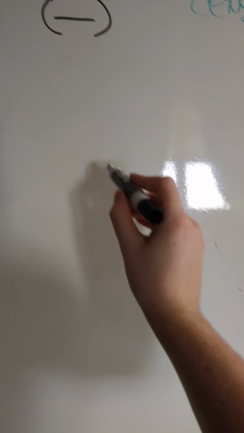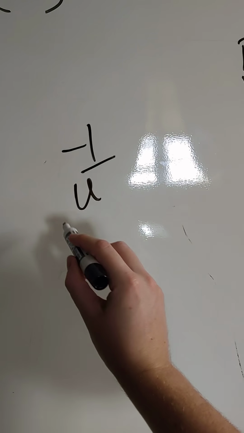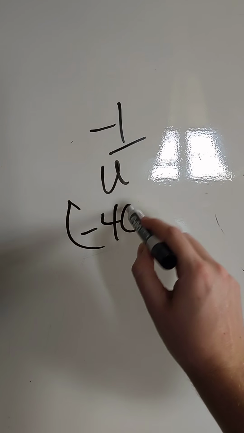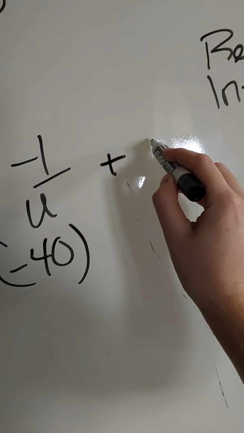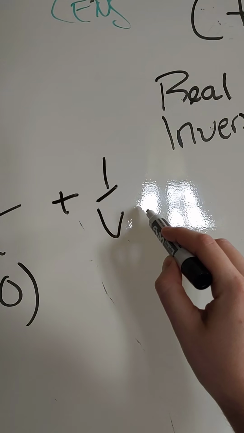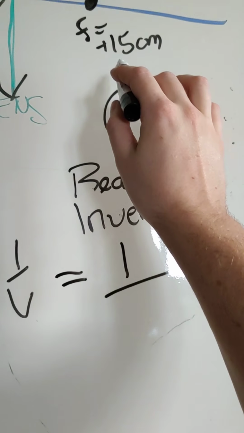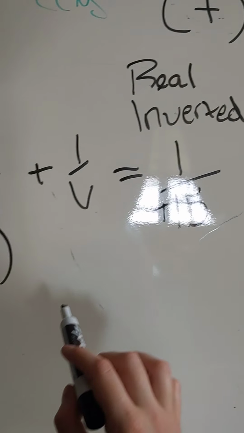So to find V, we've got minus 1 over U, which in this case U is minus 40 because it's on the left side, plus 1 over V, which we don't know, equals 1 over the focal length, which here is positive 15.